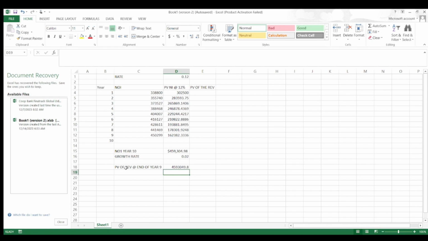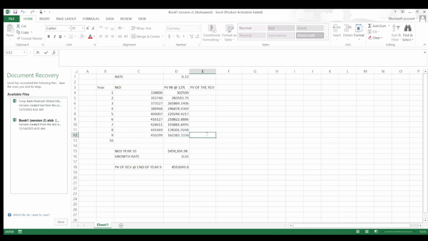But we also need to get the present value of this cash flow at year 9, incorporating the 12% interest rate. What will be the worth of this amount today? So again, we need to divide it by 1.12 raised to the power 9.